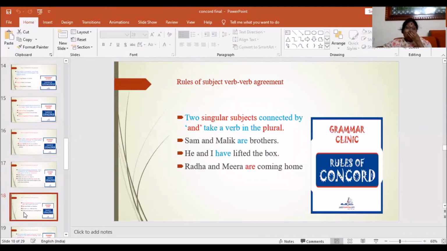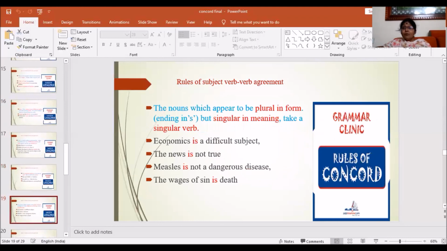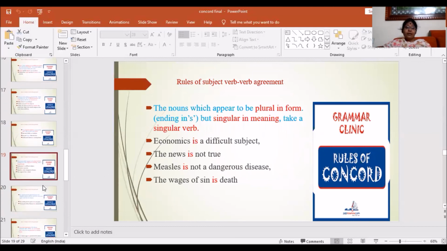Then finally, two singular subjects connected by and take a verb in the plural form. The nouns which appear to be plural in form but singular in meaning take a singular verb, right?